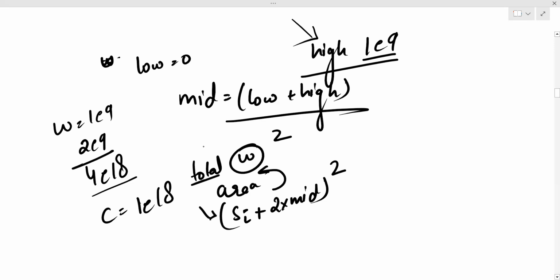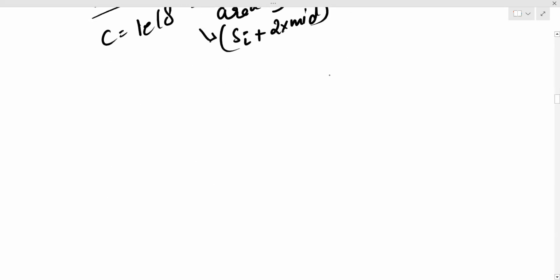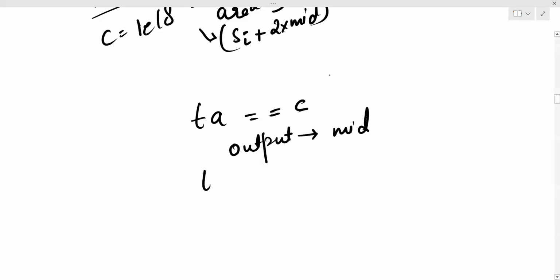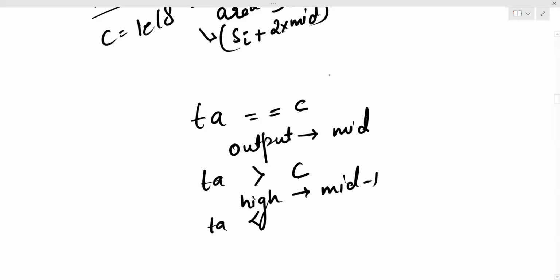Finally, we'll compare this total area, let's call it TA, with our C. If this turns out to be equal to C, we can simply output the value mid, that is nothing but your W. If TA turns out to be more than C, you can simply do high is equal to mid minus 1. And if TA turns out to be less than C, just do low is equal to your mid plus 1.